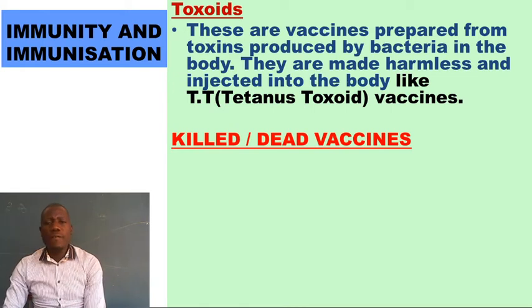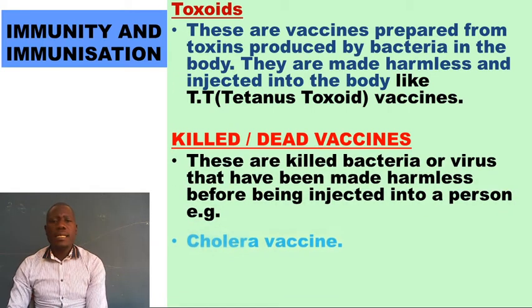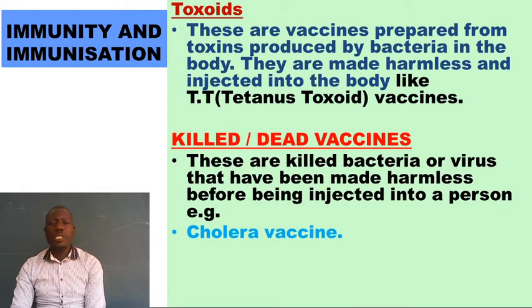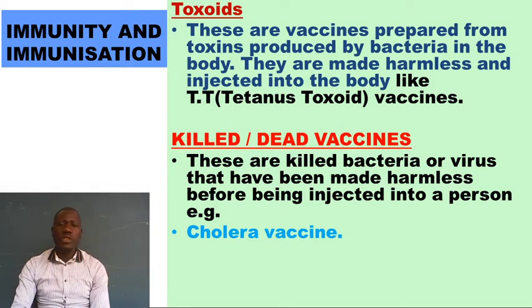The killed or dead vaccines are vaccines which are got from the bacteria and virus by making them harmless. Here they kill the bacteria, they kill the virus, and then they make chemicals out of them. After making the chemicals, they introduce them into the body. We have an example of such vaccines, like the cholera vaccine.